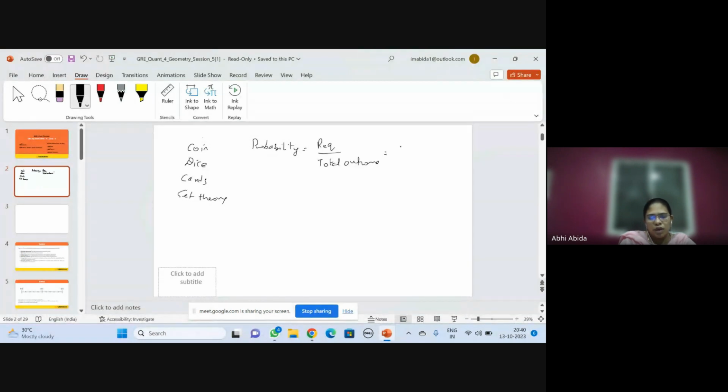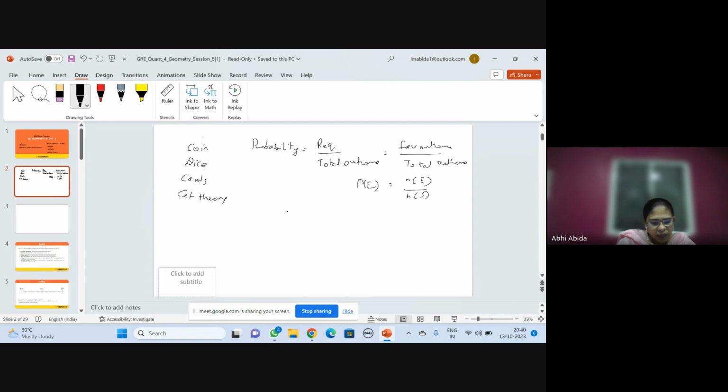Or we can also say favorable outcomes divided by total outcomes. Symbolically, if we represent it, P of E is nothing but N of E divided by N of S. This is the formula we will use for the happening of an event.